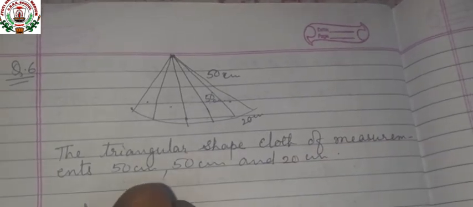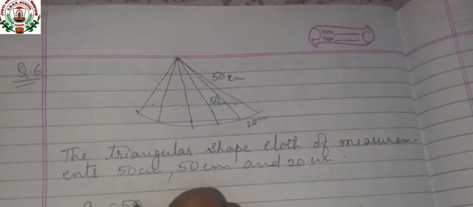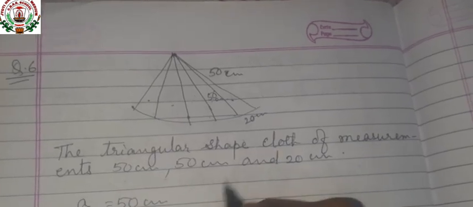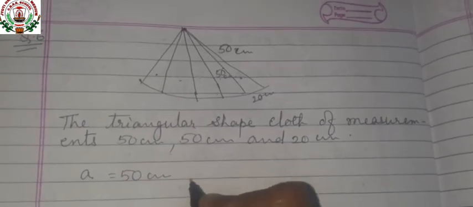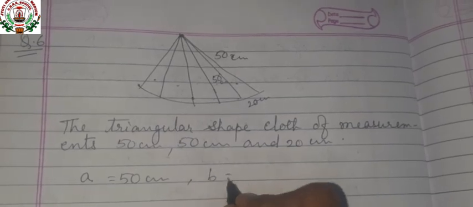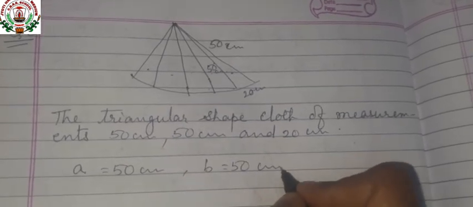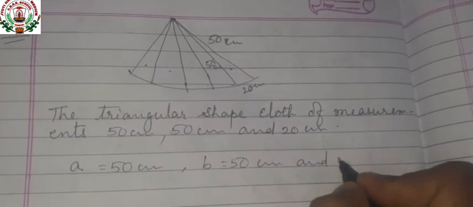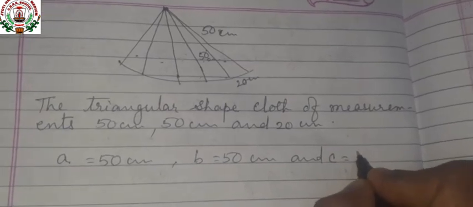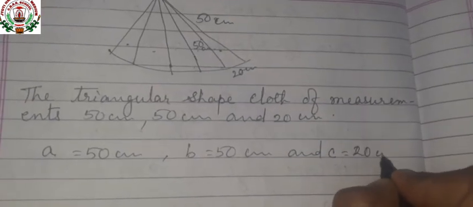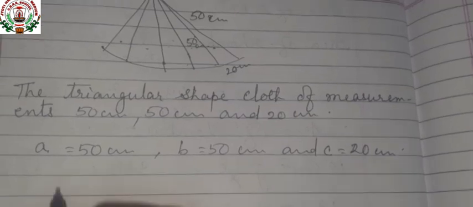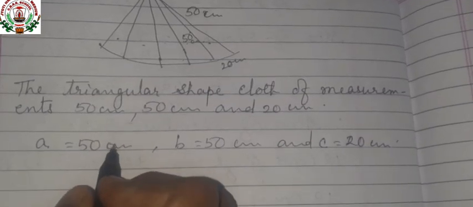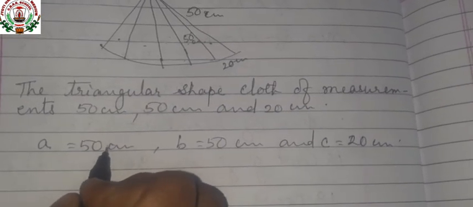So that means what? The sides of the triangular piece of cloth are A equals 50 cm, B equals 50 cm and C equals 20 cm. Now using Heron's formula we can find the area of this triangular piece.